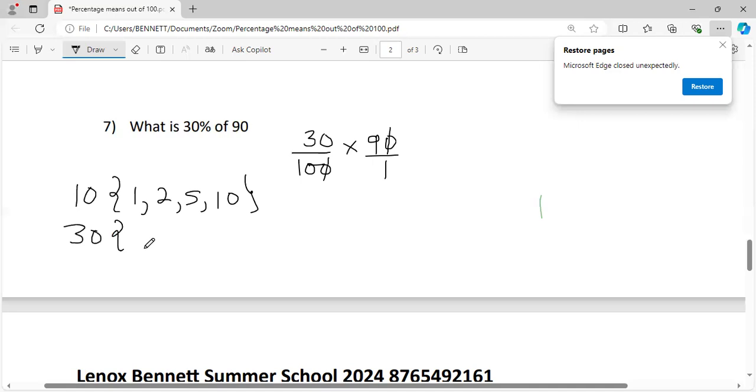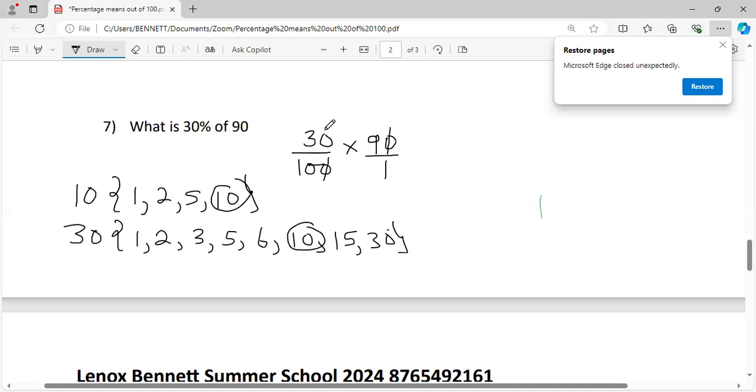1, 2, 3, 5, 6, 10, then 15, and then 30, right? So we can see that the highest common factor is 10. So we can divide both of them by 10.